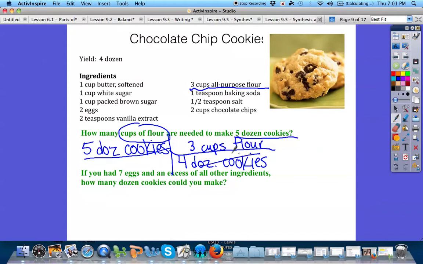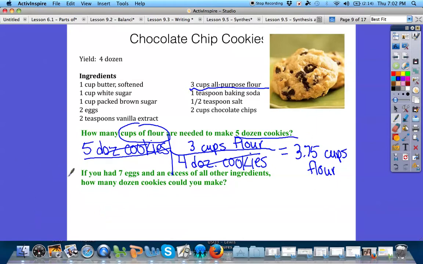So our dozen cookies are going to cancel. 5 times 3 is 15 divided by 4. You should get 3.75 cups of flour. And if you've baked before, you know that it is beneficial to be really precise with your measurements. So you're going to want to have 3 3/4 cups of flour. You're not going to want to just put in 4 cups of flour.